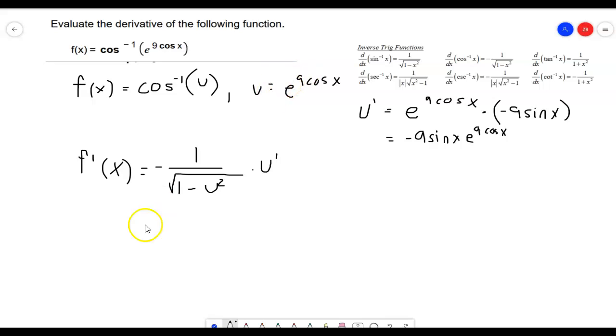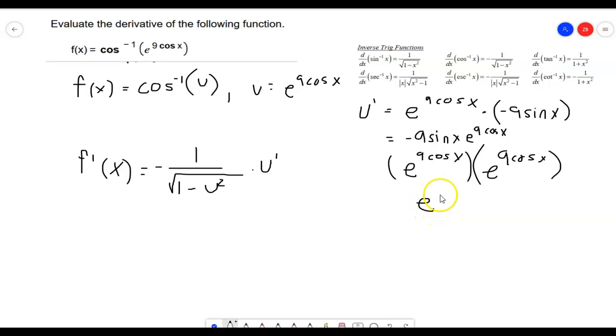All right, so now I know what my u prime is. I know what my u is. Let me go ahead and square out my u here. So u squared is just going to be e to the 9 cosine of x, and we just multiply that by e to the 9 cosine x, and then going back to basic algebra, when you multiply the same bases, you just add the exponents.